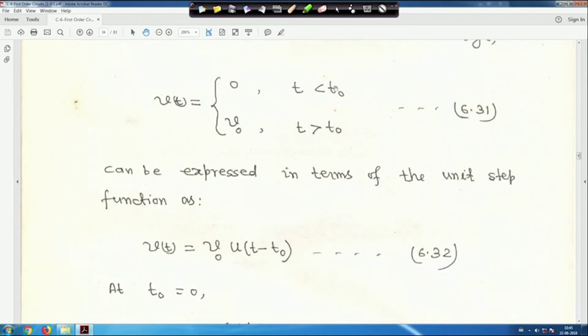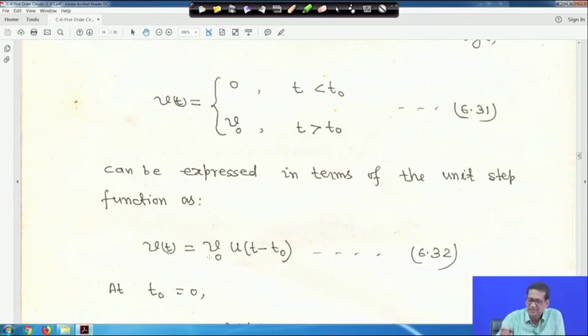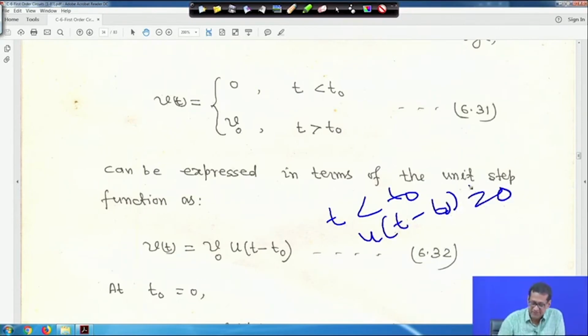We know for t less than t0 it will be 0, so v(t) will be 0, and for t greater than t0, u(t - t0) will be 1, so v(t) will be V0. When t is less than t0, u(t - t0) is equal to 0, so v(t) will be 0.